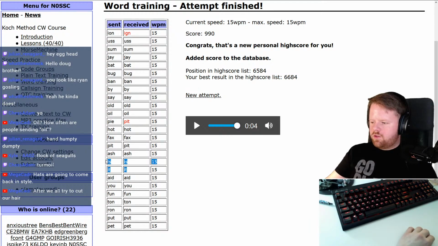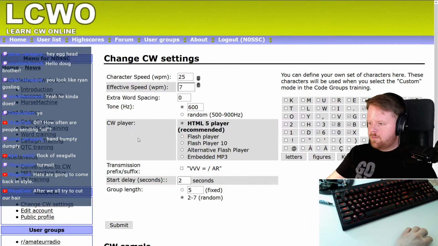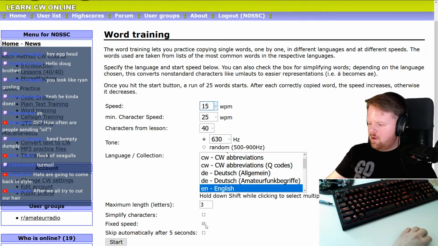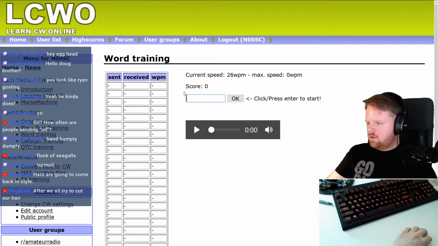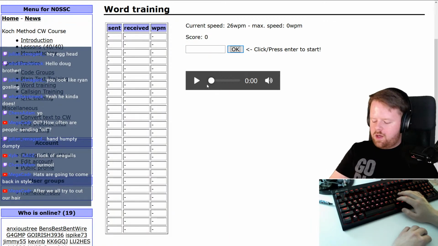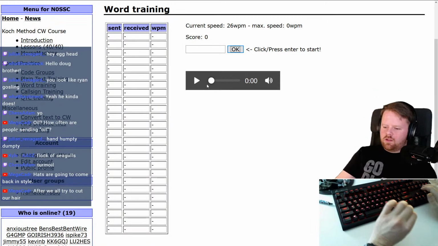So one thing I noticed with these 2-letter words is that they are omnipresent in language. So let me try something. I'm going to go to word training, set the character speed equal to the effective speed, and restrict this to 2-letter words, and see how I do. I don't think I'll do too bad, but I'm trying really hard to get these common words.